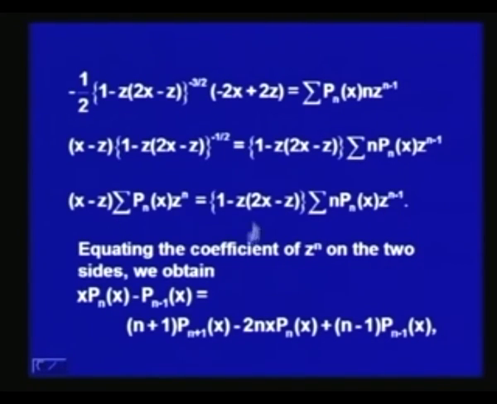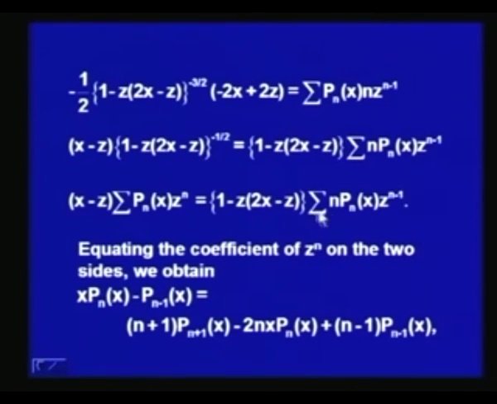Now, let us equate the coefficients of z to the power n on both sides. So, on the left hand side the coefficient of z^n will be x into Pn(x).